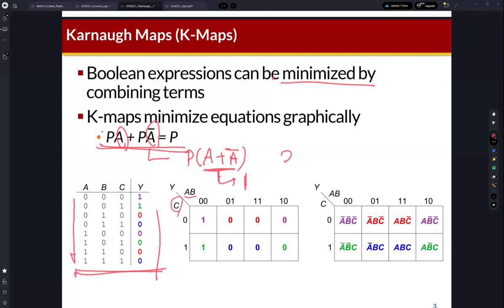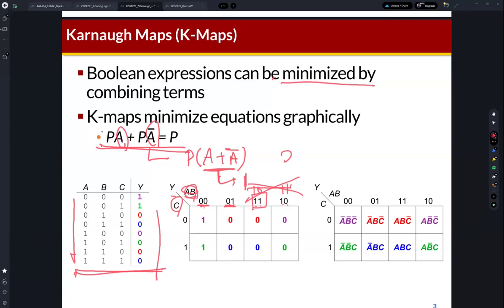When we list the input combinations of A, B, it's 00, 01, 11, 10. It's not 00, 01, 10, 11.